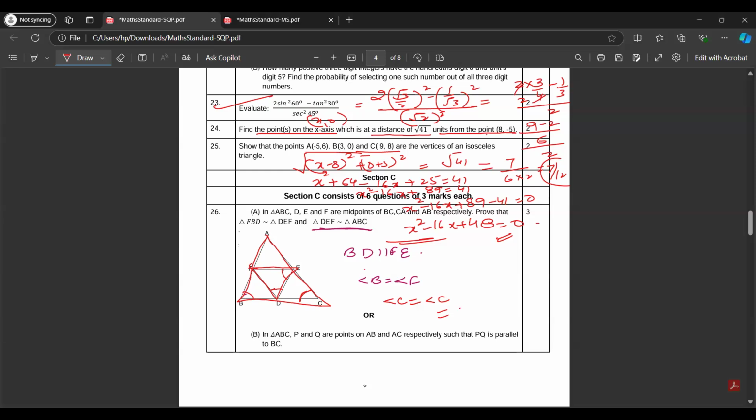So by that criterion, angle A will be equal to angle D. So you will write: opposite angles of parallelogram AFDE. Clear? Now these two triangles will be similar.